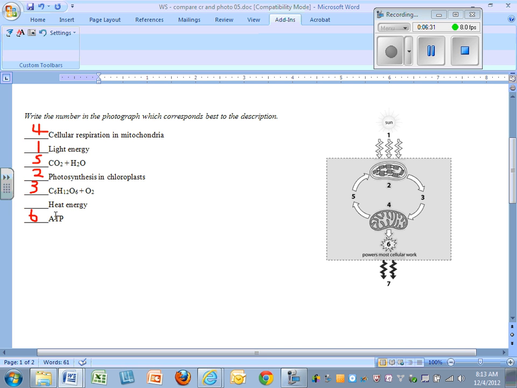Now, number six, we eat food and we breathe in oxygen to make what energy molecule? ATP. So that's number six. And anytime, and we haven't spoken about this directly, but anytime you have an energy transfer, because this is all about an energy transfer, transferring energy from light rays in the sun into a more usable form, some energy is given off as heat.